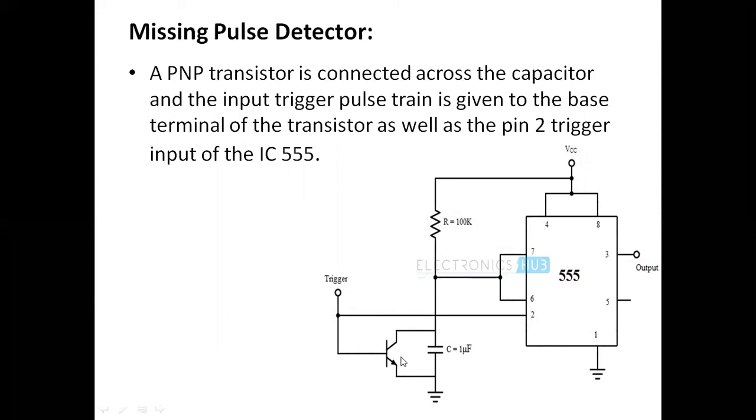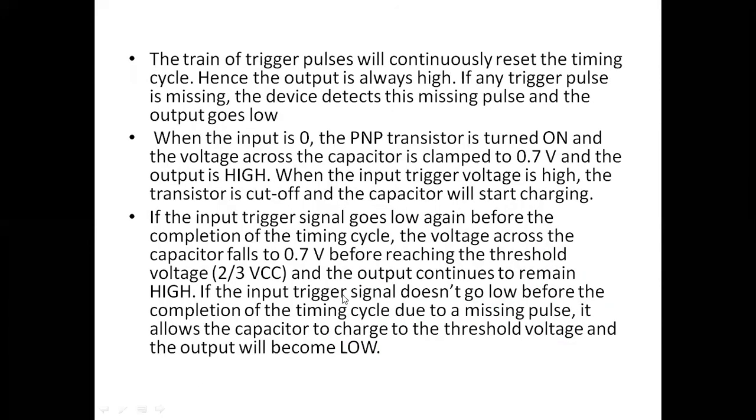So whenever the trigger pulse is applied to the circuit, the transistor will be off and the capacitor starts charging. If the input trigger pulse goes low again before the completion of the timing cycle, the voltage across the capacitor falls to 0.7 volts before reaching the threshold voltage, and the output continues to remain high.